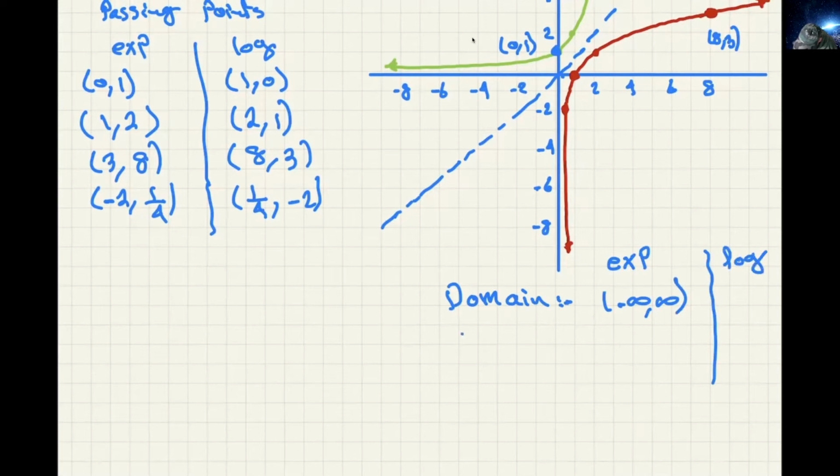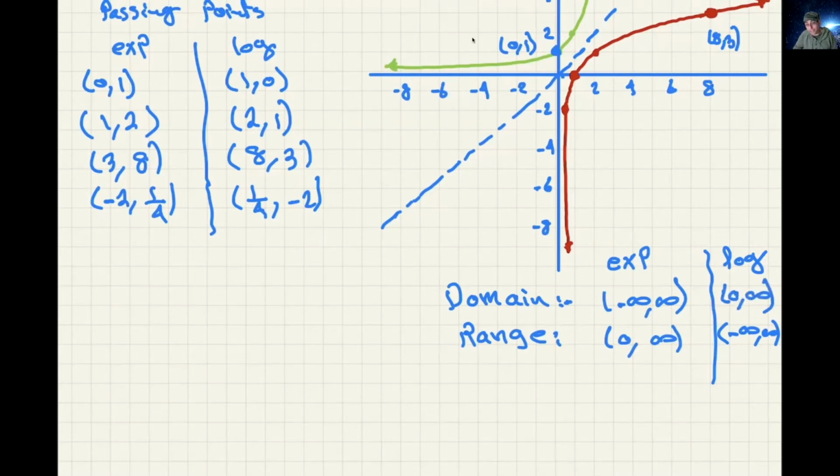So here is the range. The range of the log is negative infinity to infinity. Now here's the range of the exponential. If you remember, that was 0 open to infinity. Therefore, the domain of the log is the same, 0 to infinity.